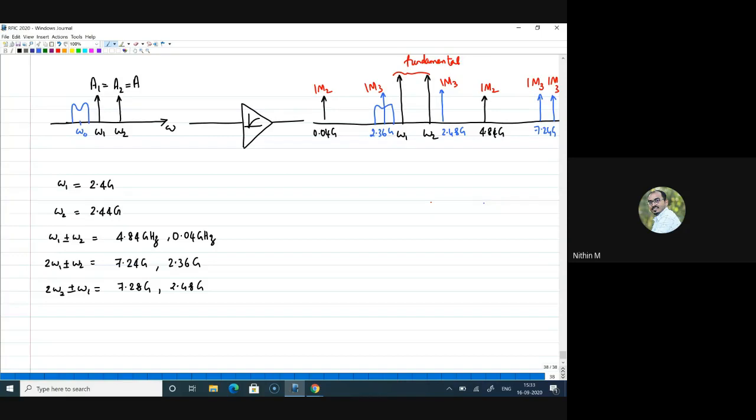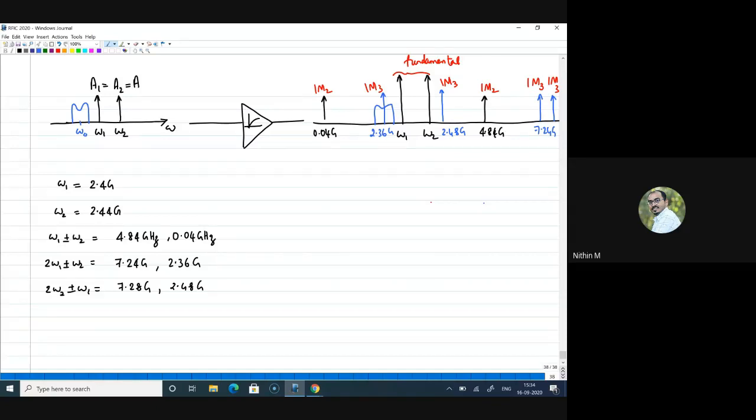Now you can see that the IM3 term, or the difference term that is coming as a result of intermodulation, is falling there. It can happen, right? We cannot rule out this phenomenon. There are all possibilities that if interferers come closer to the desired frequency, they can produce intermodulation terms, and those can actually fall on the band of interest.